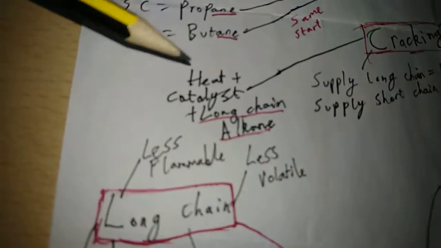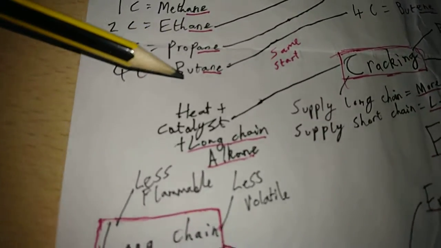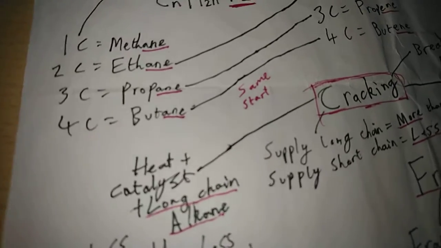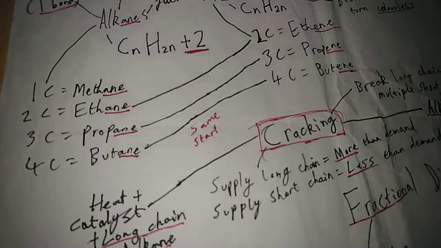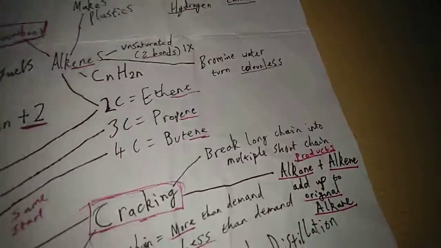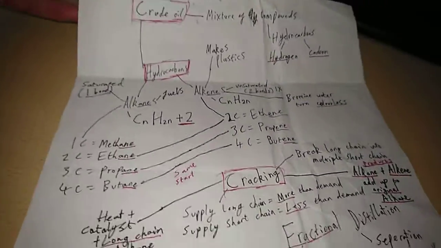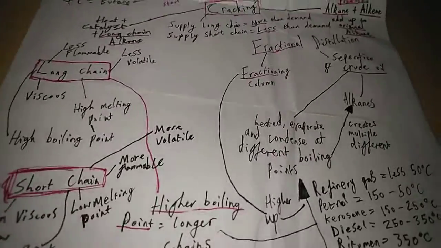For the reactants, you need heat to provide the energy for the reaction, and a catalyst to make it break up, and the long chain alkane will then be split up into two. So that is crude oil, probably one of my favourite topics in chemistry. I like it a lot because there's not too many technical things to remember.